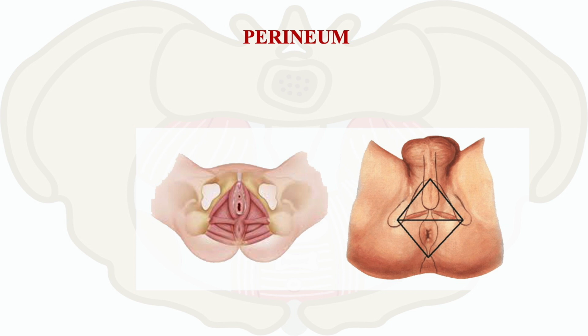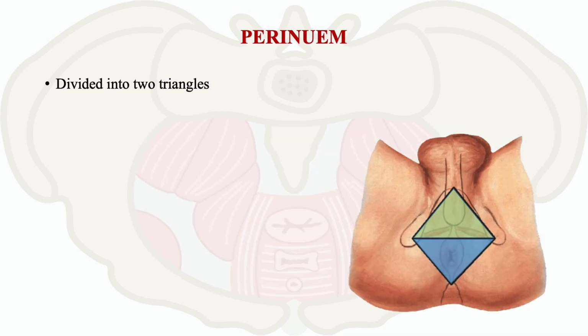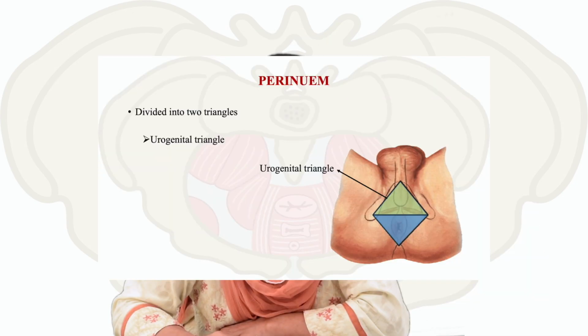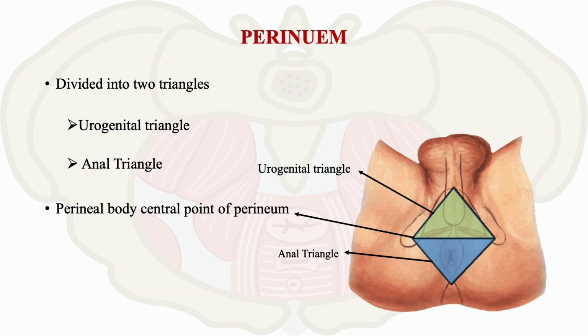Now this is a picture just to show the perineal triangles. In both the pictures you can see. To understand more about the perineum, it is divided into two triangles, urogenital triangle and anal triangle. The perineal body is the central point of the perineum.